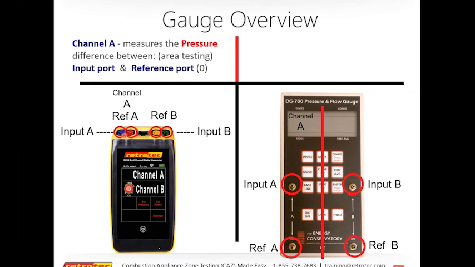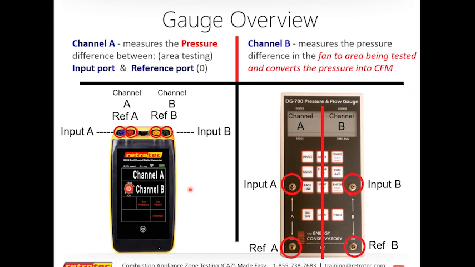With the Retrotec DM32, anything plugged into the input and reference on channel A on the left side of the top shows up on the top of the gauge. This is a minor difference, but it can be important for what we're going to be talking about: channel A and channel B are on top of one another on the DM32, whereas on the DG700 they're on the left and right. Okay, makes sense, everybody?